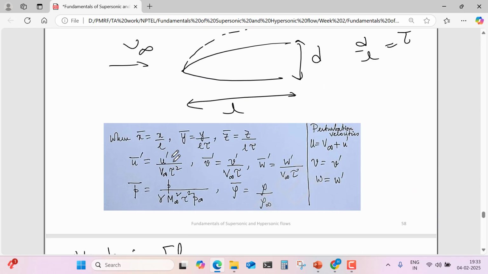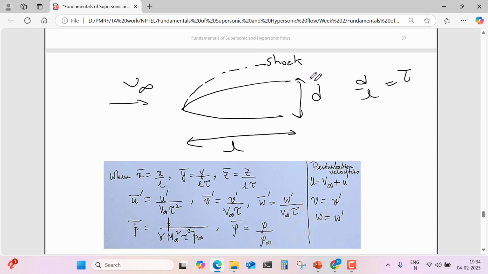if we do the scaling, let's say there is a slender body with diameter d and L is its body length, and its slenderness ratio is tau, d by L is equal to tau, and free stream velocity is V infinity, and we perturb it by u cap, v cap, and w cap.